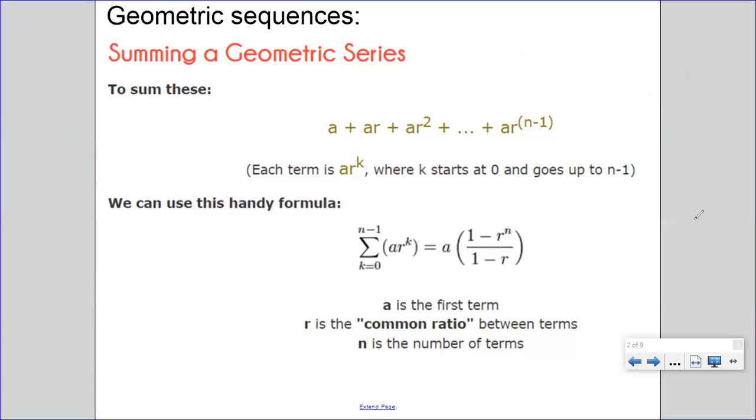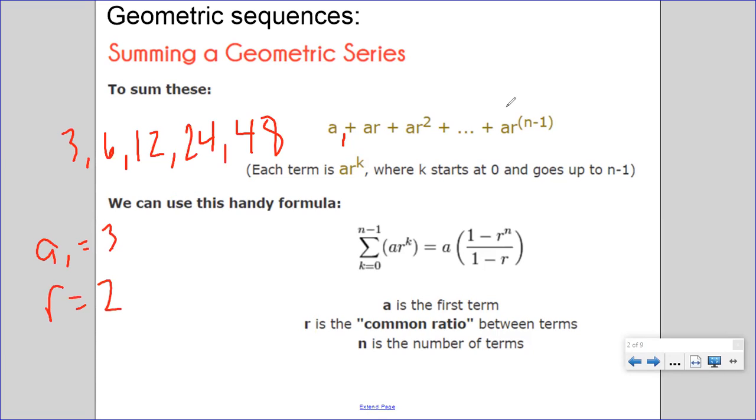You start off with your starting term, a sub 1. Between each one, you multiply by some ratio. So we've seen this a lot, maybe like 3, 6, 12, 24, 48. Here our starting term is 3 and our ratio is 2.